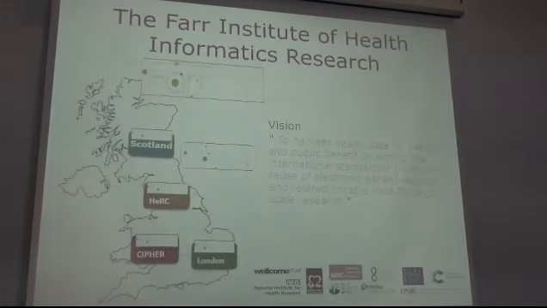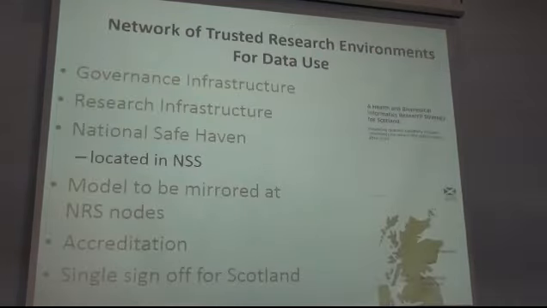I talked about the FAR, and the question is, do you think that Malaysia, on top of your clinical research network, could put a data science capability in place to drive all these efficiencies? I put these slides in at lunchtime because I'm happy to talk about this governance infrastructure and research infrastructure.